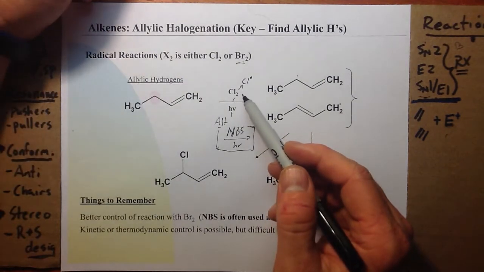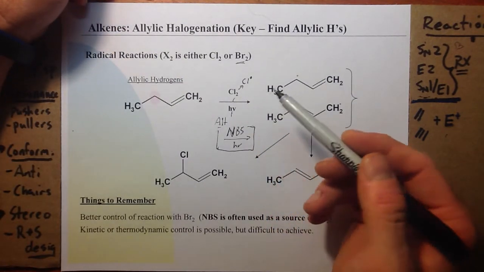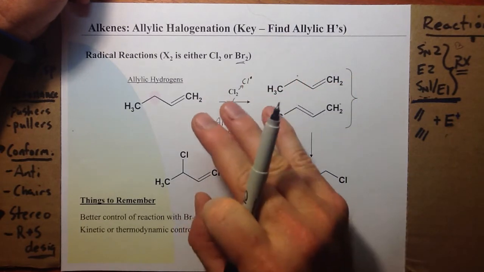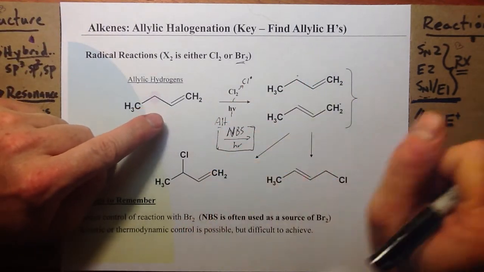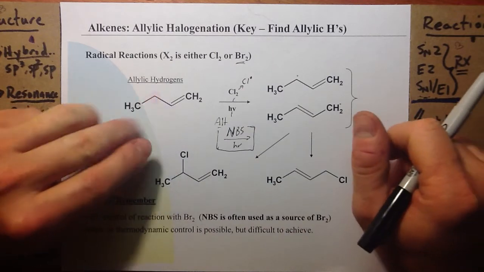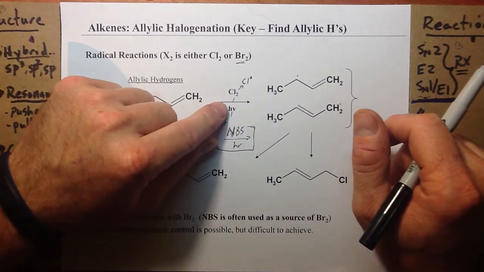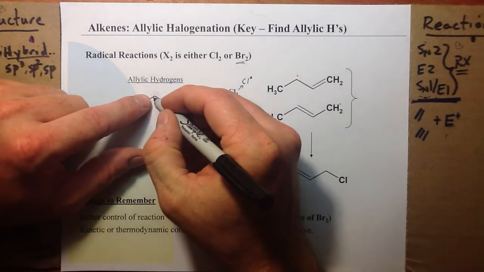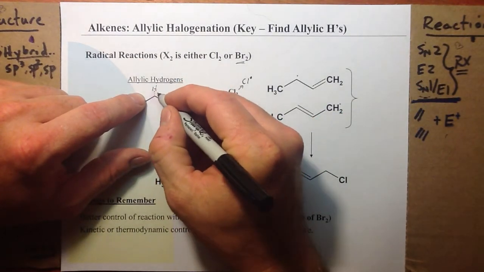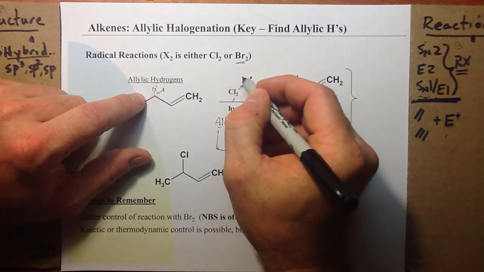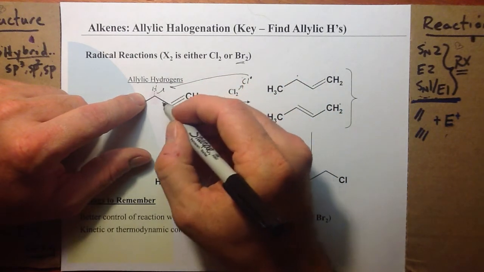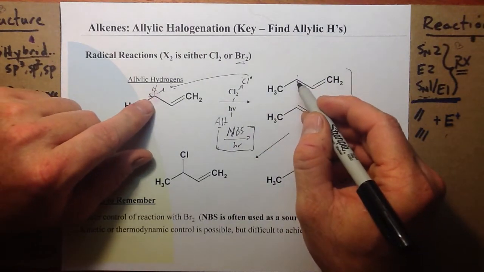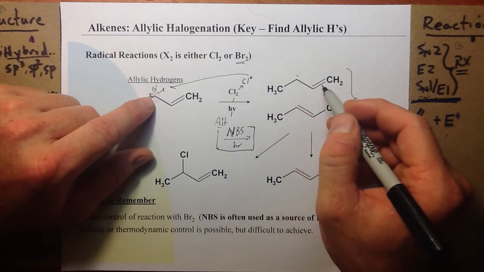So as this reaction goes, we know that there are 3 steps to every radical reaction: initiation, propagation, and termination. So we can propose initiation with light. The chlorine radical can come and grab a hydrogen, with a half arrow, and we can have the electron given back to that carbon that is next to a double bond.